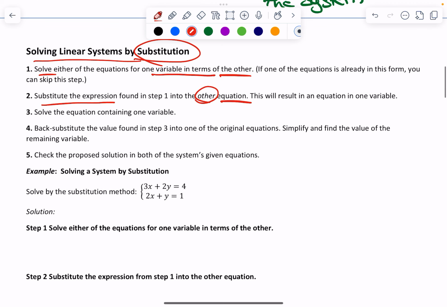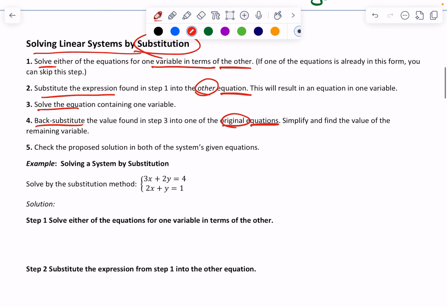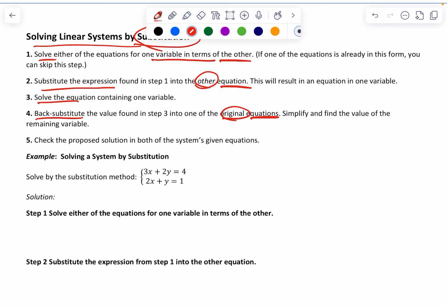Step number 3 is solve the equation containing one variable. And step number 4 is back substitute the value found in step 3 into one of the original equations. Simplify and find the value of the remaining variable. And then almost the most important part is to check. You always check the proposed solution in both of the system's given equations, the original equations.